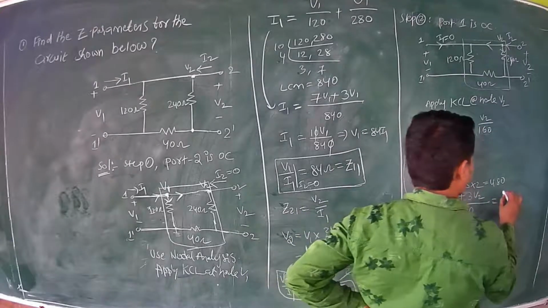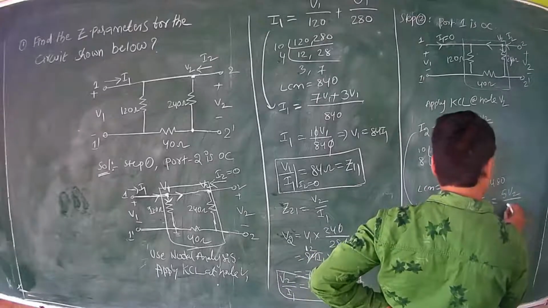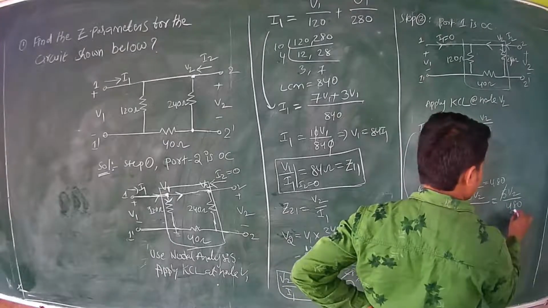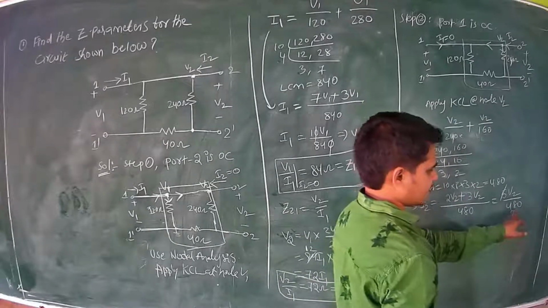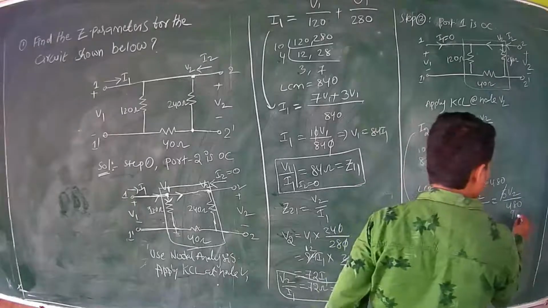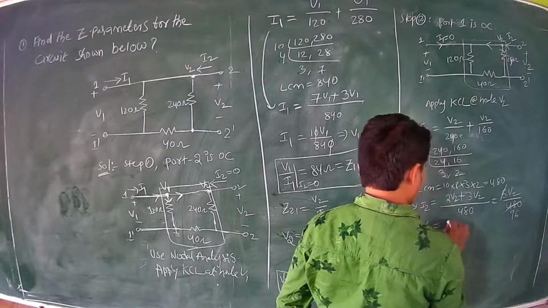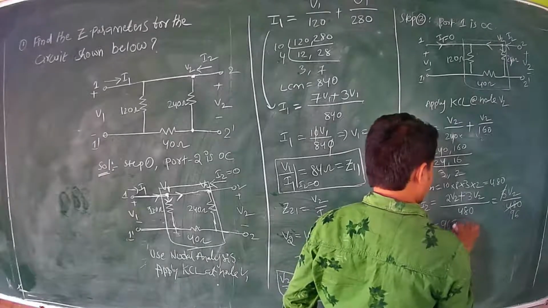Therefore 2 plus 3, 5V2 by 480. 5 ones are 5, 5 nines are 45, 5 6s are 30. So V2 equals 96 I2.